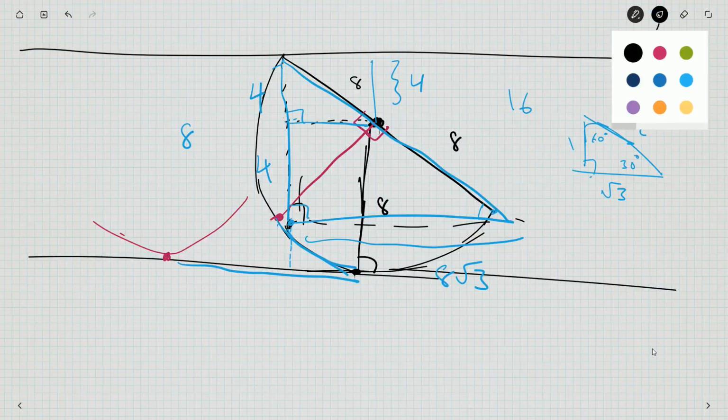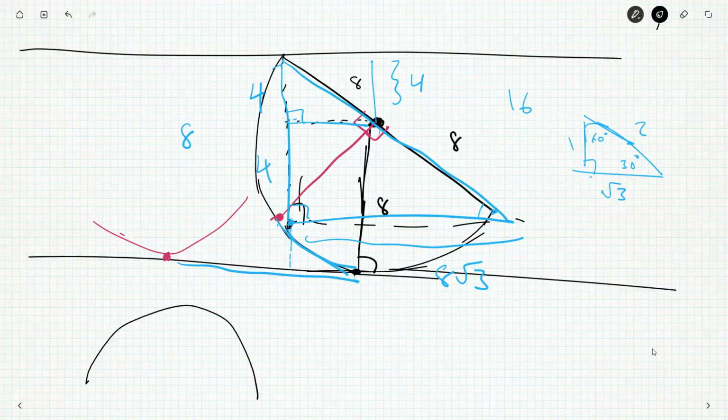So now, I think I want to bring back my... so this distance in here is 4 root 3. So now this point right here, can I calculate where it is exactly? It is distance 8, so this has got to be 4.